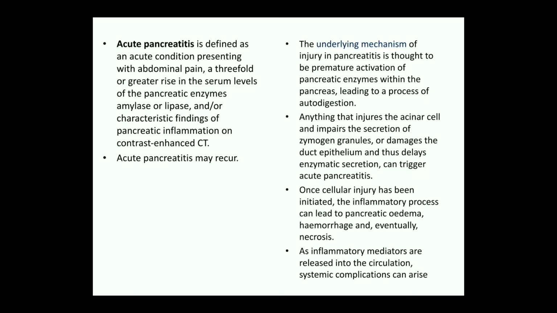Once cellular injury has been initiated, the inflammatory process can then lead to pancreatic edema, hemorrhage, and eventually the necrosis of the pancreas. And as inflammatory mediators are released into the circulation, there can be systemic complications as well.